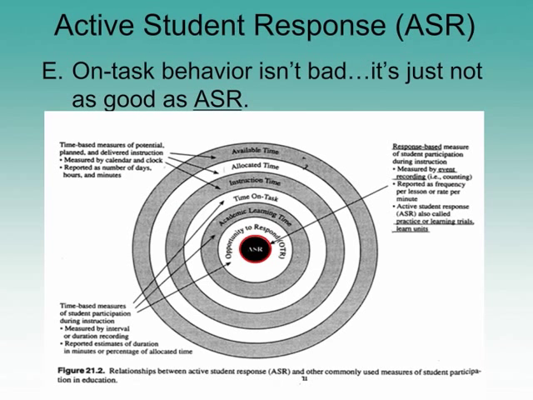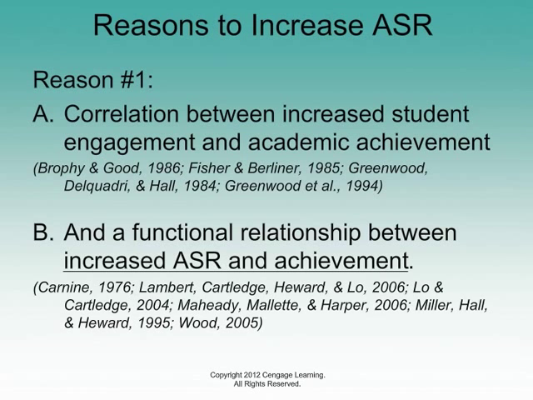So let's think about it. On-task behavior isn't bad, it's just not as good as ASR. With active student responding, you are observing that the student is engaged in what you are teaching, and they're making responses. There are lots of reasons to increase ASR, one being that there's a correlation between increased student engagement and academic achievement.